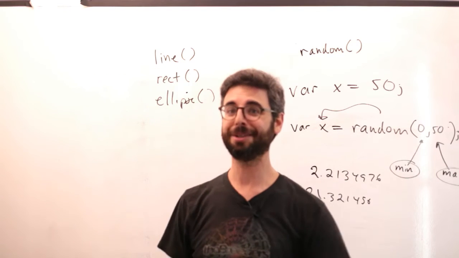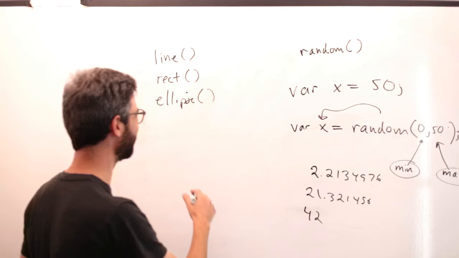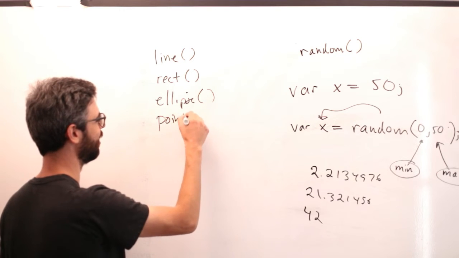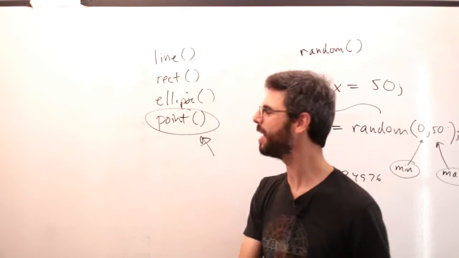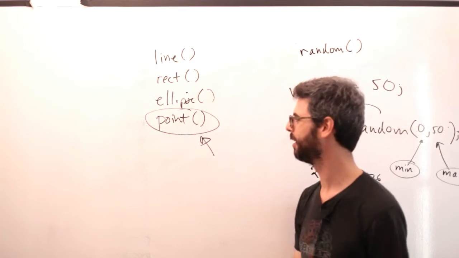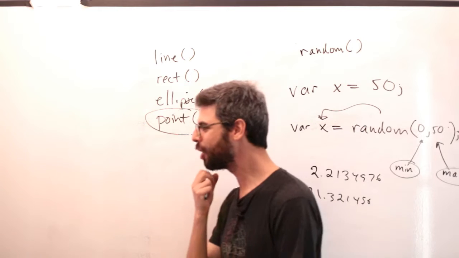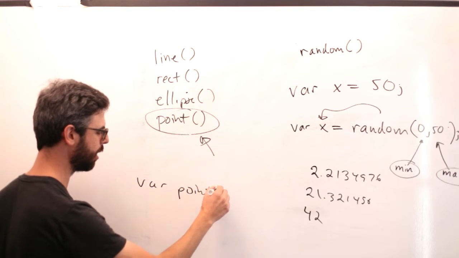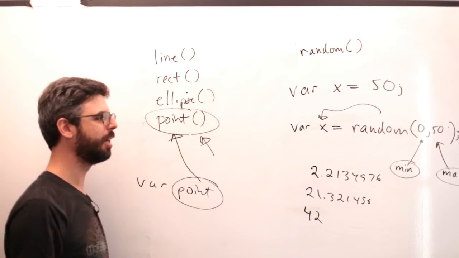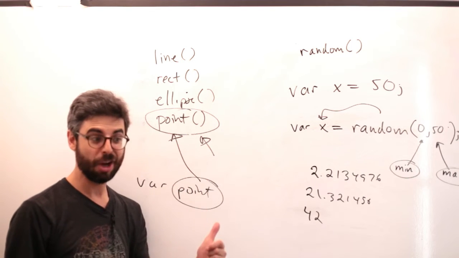What if you want to draw a point on the screen? Well, what's the name of that function again? Point. So point is an important thing in P5 that's meant for something highly specific, drawing a point. So if I try to make up a variable called point, I've completely overridden the existing point function.